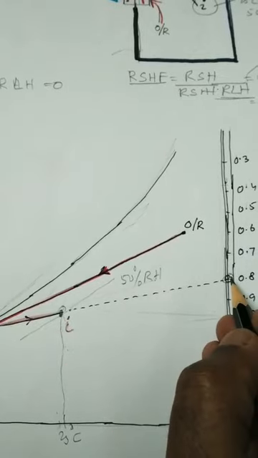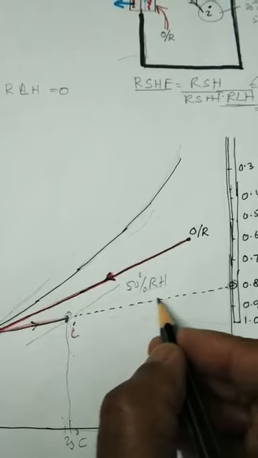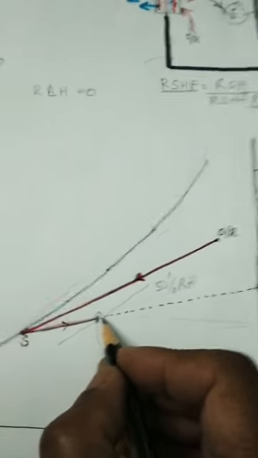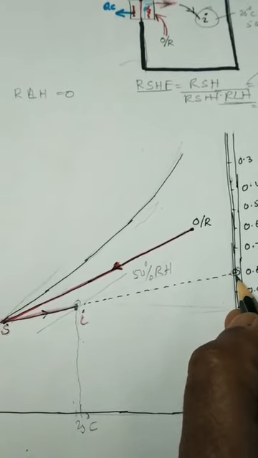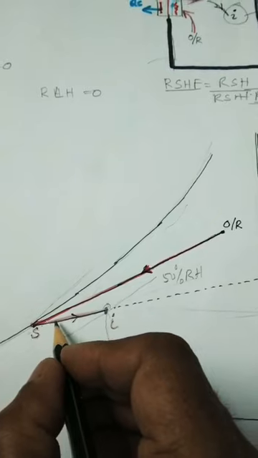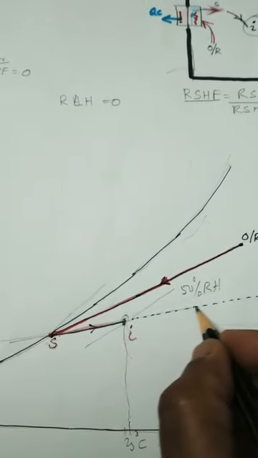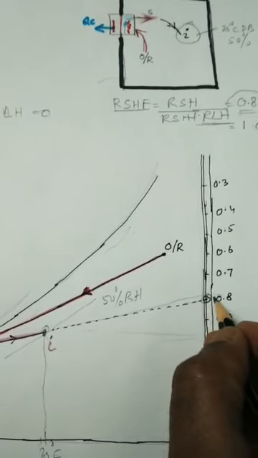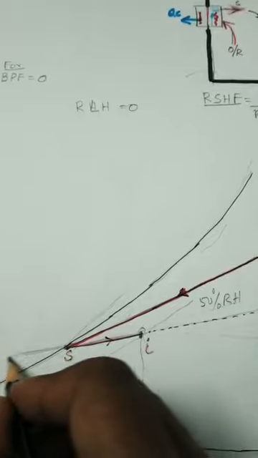I have put on a scale and am trying to draw a line. I am drawing a line like this, but I am not stopping at I. I am continuing from this, passing through I, and letting it go farther. So I have drawn a line starting from here, passing through I, and then passing on like this.